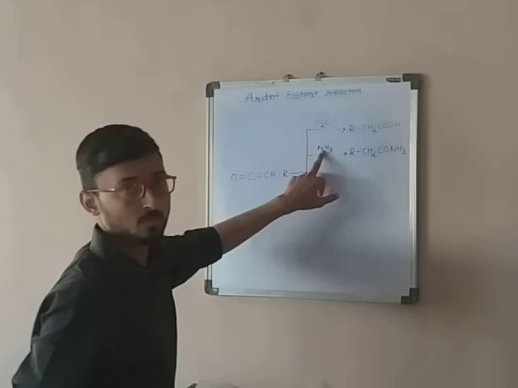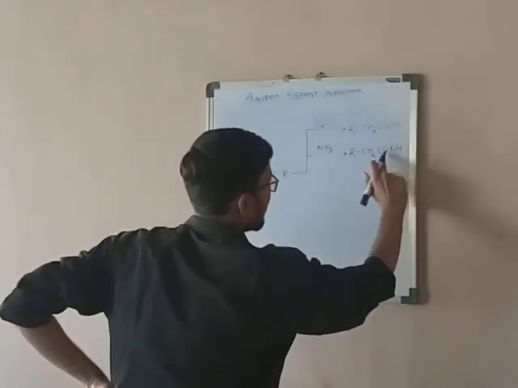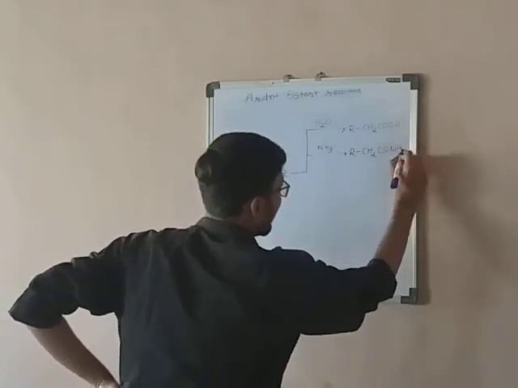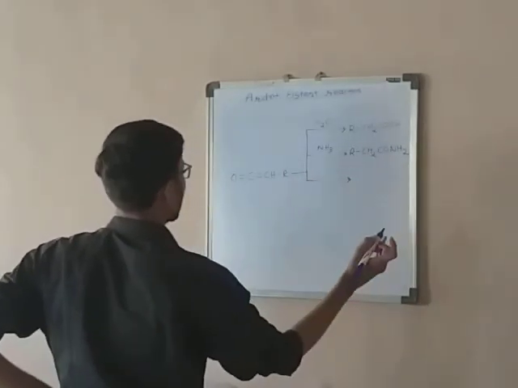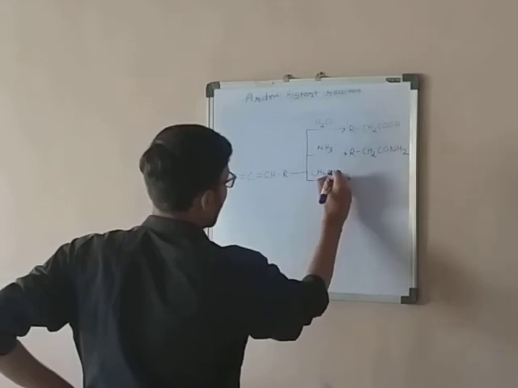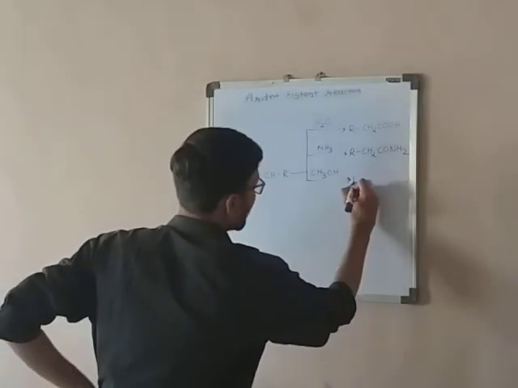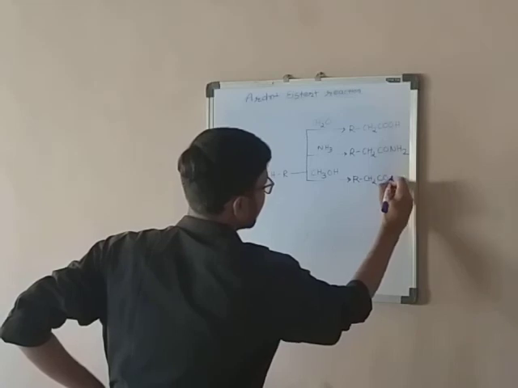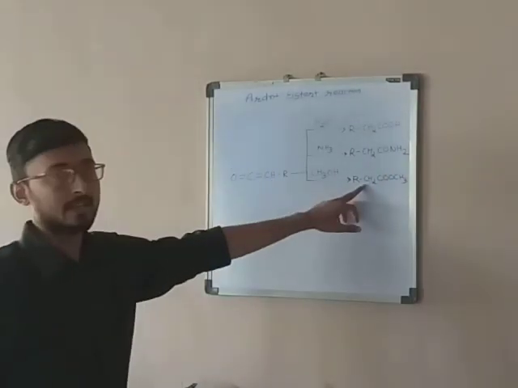Here the NH2 portion will get connected to this carbonyl group, and we will obtain an amide, right? The third solvent that we can use is methanol. We can also use methanol in this reaction. The product we will obtain is an ester. This is an ester, right?